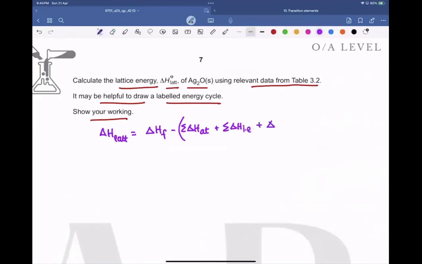If you work on this formula, it's Ag2O. So it has two silver ions and one oxide ion.